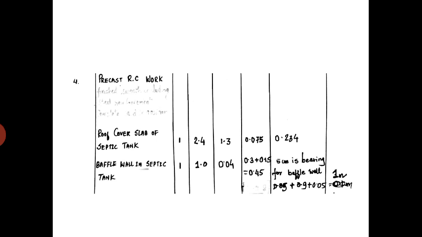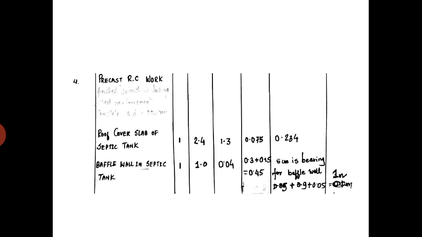Then the length, if you see in the plan, is 100, that is 1 meter. And in the baffle wall section they have mentioned 4 centimeter breadth, which means 0.04.